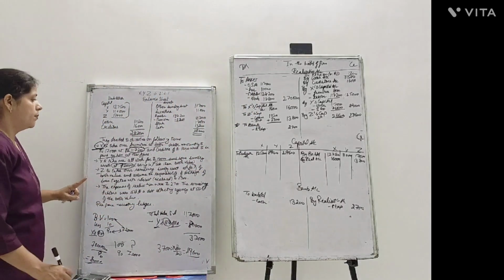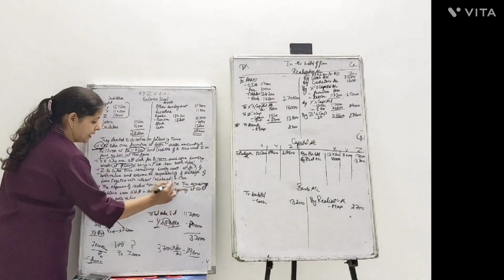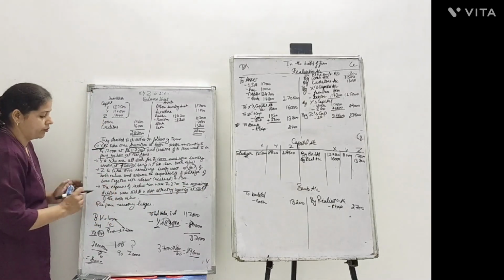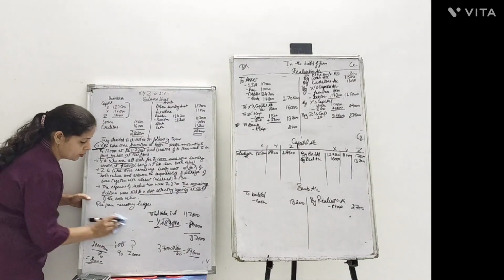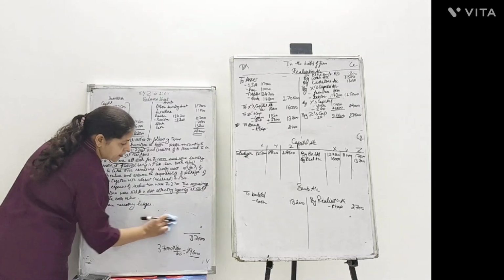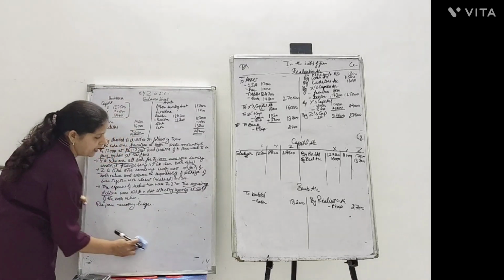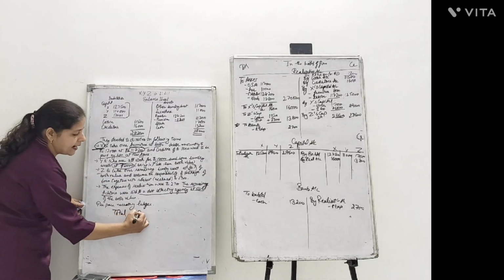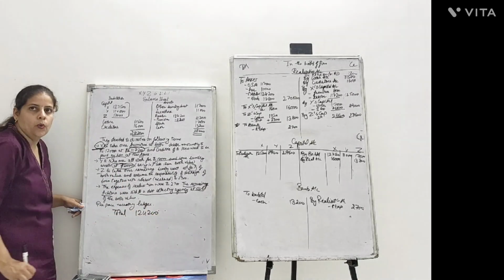And the leftover point is remaining debtors were sold to a debt collecting agency at 50% of the book value. Now he is saying remaining debtors. What does remaining debtors mean over here? Total debtors were 1,24,200.